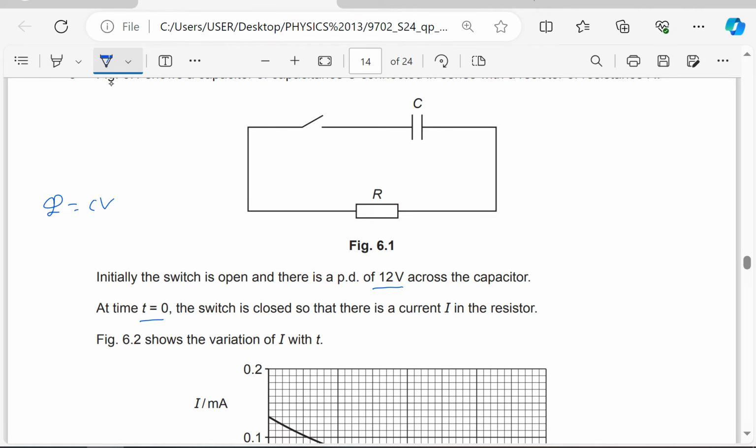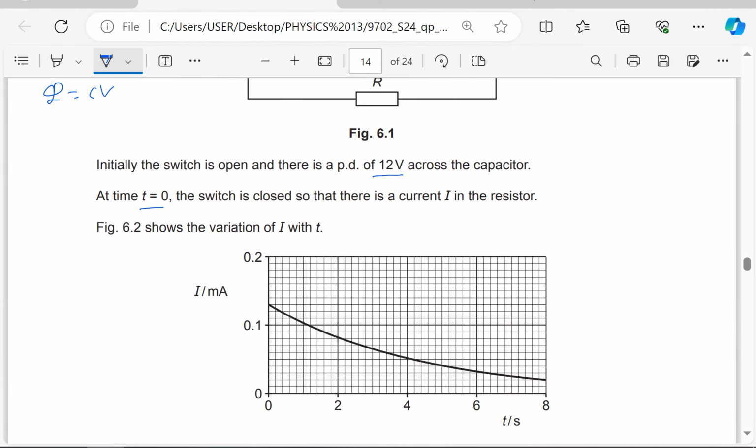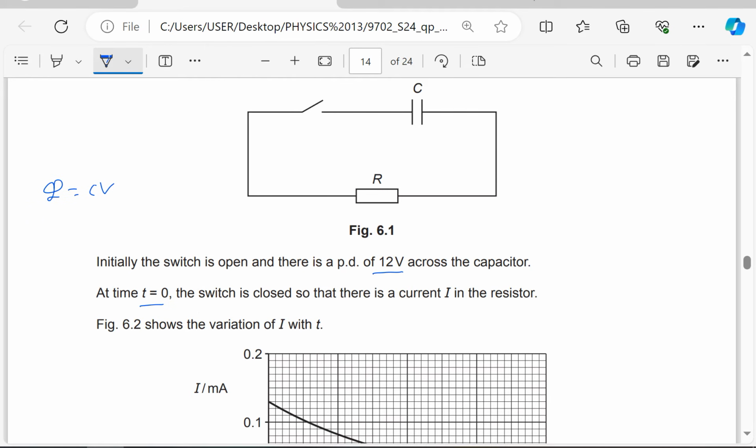Of course, charge is going to decrease with time because we have seen the graph is going down. And we know that the current in the resistor, from V equals I times R, is directly proportional to the PD.